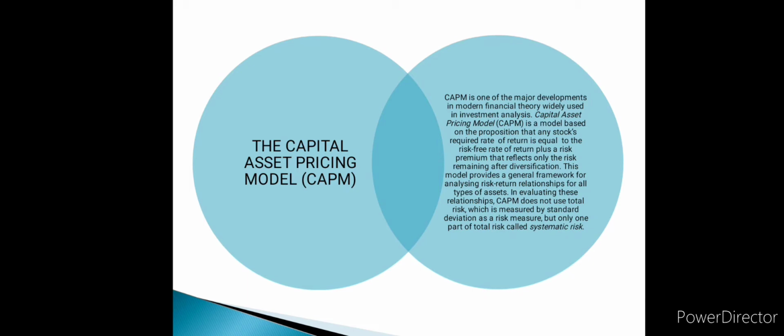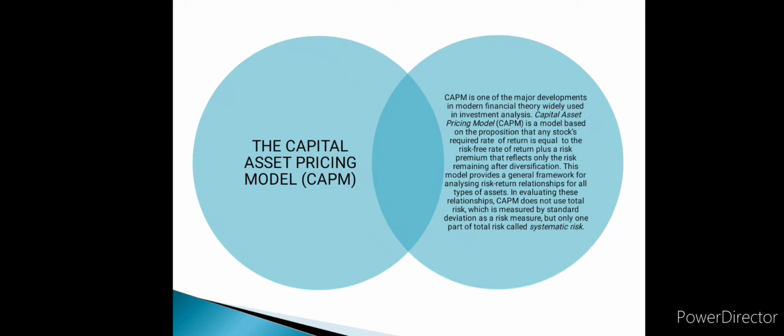Capital asset pricing model is a model based on the proposition that any stock's required rate of return is equal to the risk-free rate of return plus a risk premium that reflects only the risk remaining after diversification. This model also provides a general framework for analyzing risk-return relationships for all types of assets.